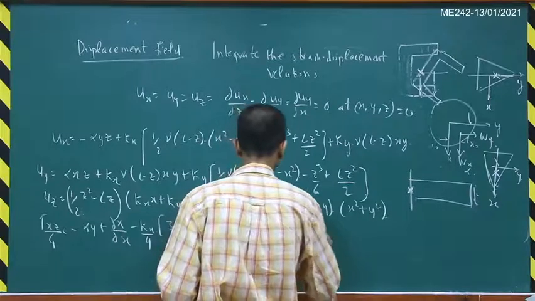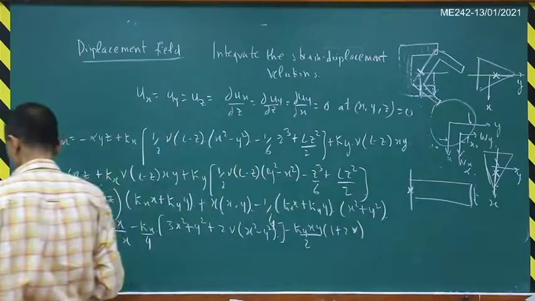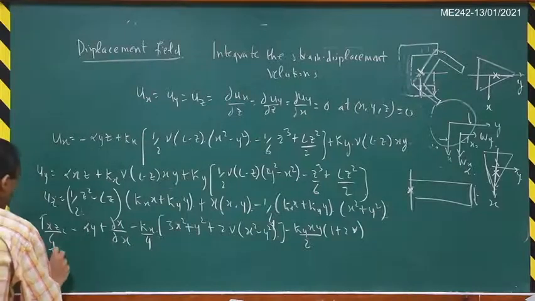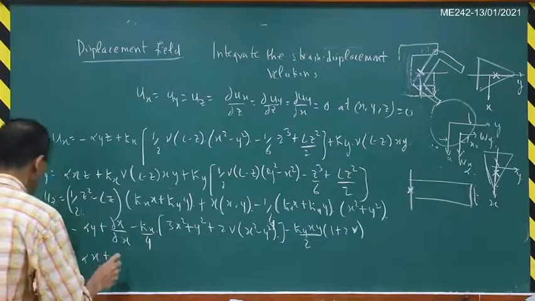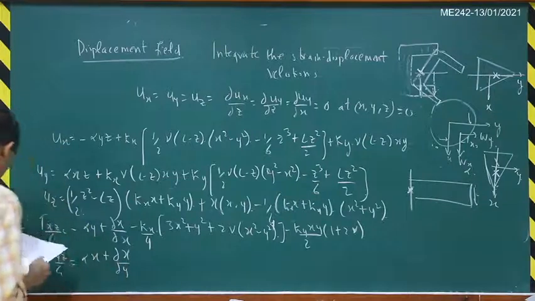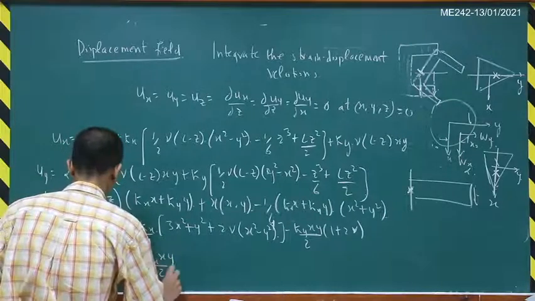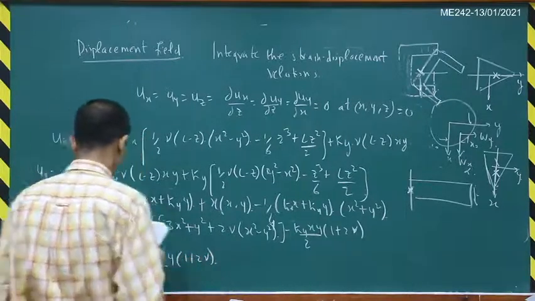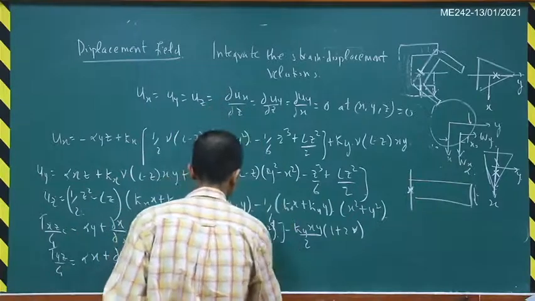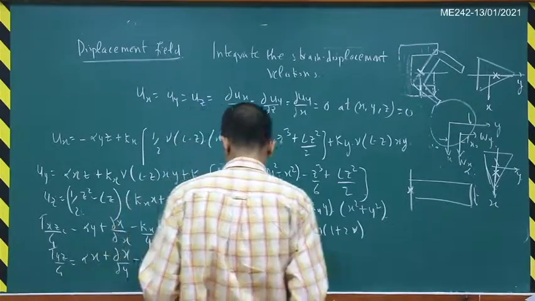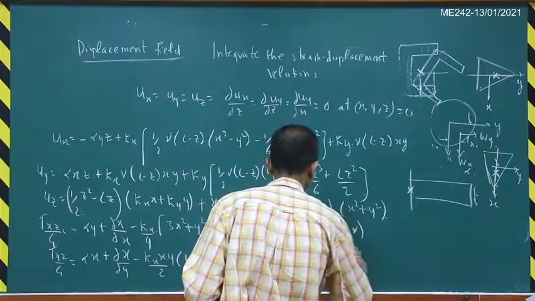minus kappa y xy by 2 times 1 plus 2 nu, and tau yz by G. So tau yz by G is equal to alpha x plus del chi by del y minus kappa x times xy divided by 2 times 1 plus 2 nu minus kappa y by 4 times x square plus 3y square plus 2 nu times y square minus x square.